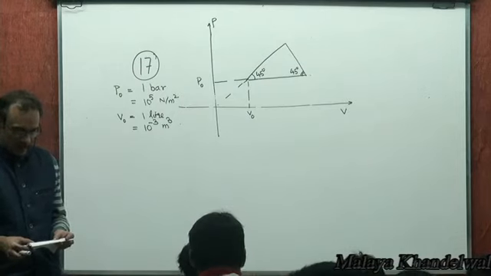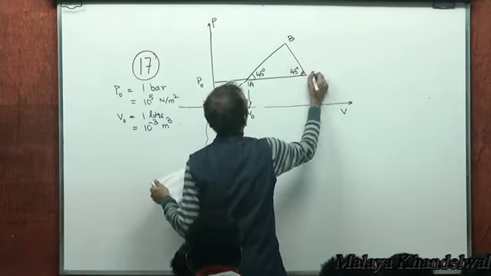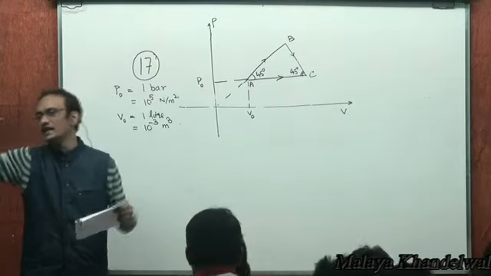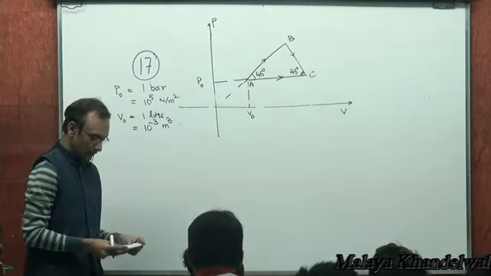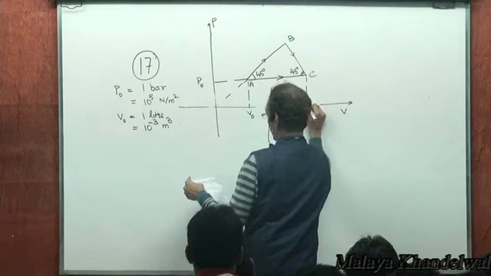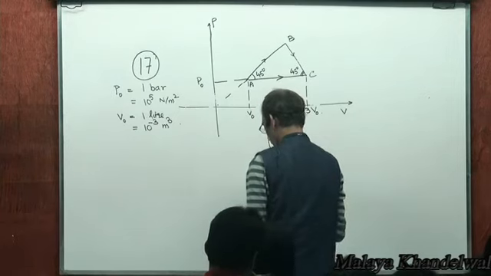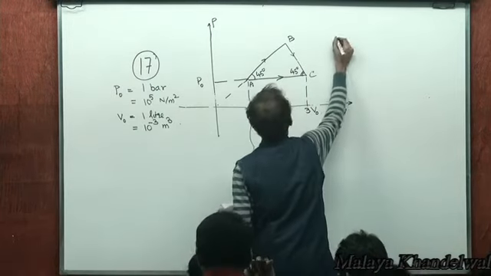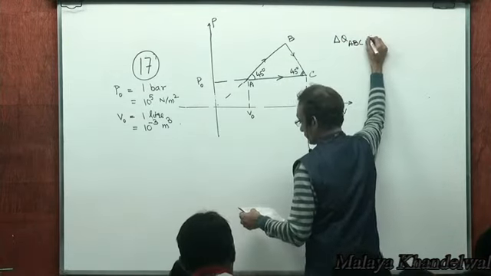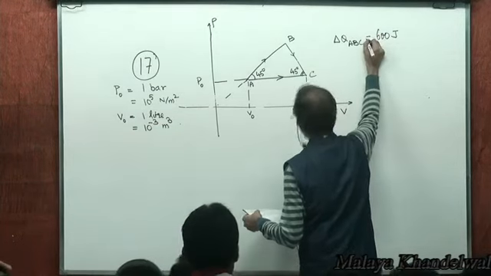Along two paths, ABC and AC. There is ABC, that's one way to reach C, and the other way to reach C is A to C. There are two paths we are talking of, ABC and direct A to C. The volume here is 3V naught, and what's given is the heat supplied in ABC is 600 joules.